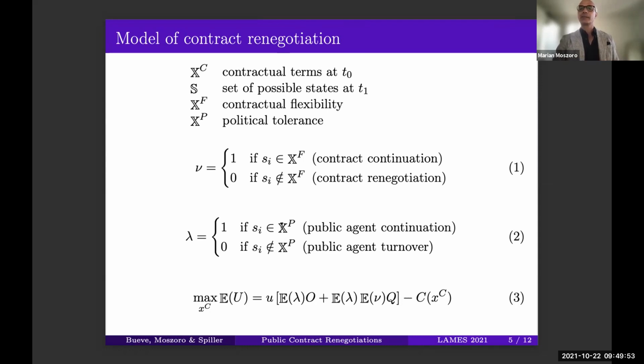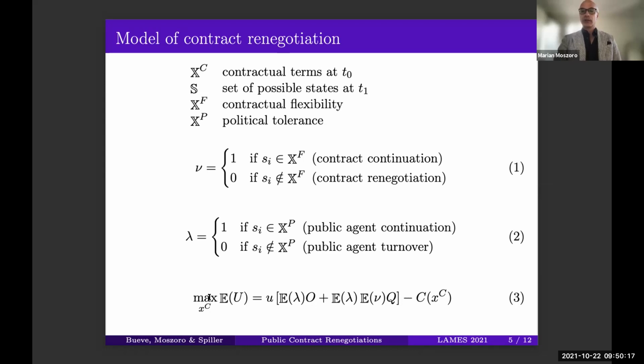The innovation here is also to add a political tolerance. So if the contract is within the political tolerance, the contract will continue. And if it's outside of political tolerance, the public agent will be overturned.